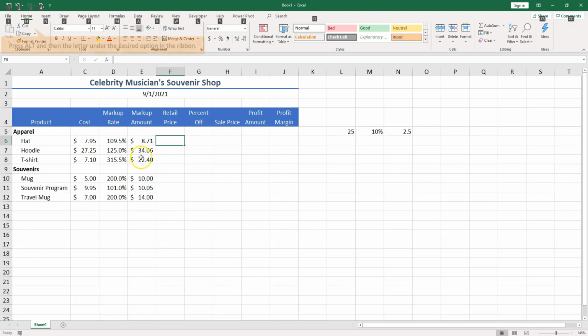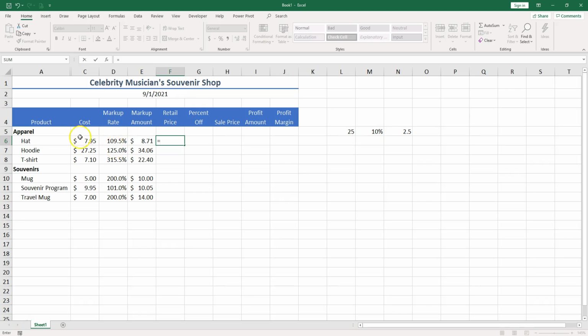Now what is the retail price? It's the cost plus the markup amount. I'm going to push Alt. As you can see here, you have all these shortcuts. If you push Alt, you can use all those letters associated. Okay, so the retail price should be equal sign, and I want to have the cost. That's the money that we paid to produce that product.